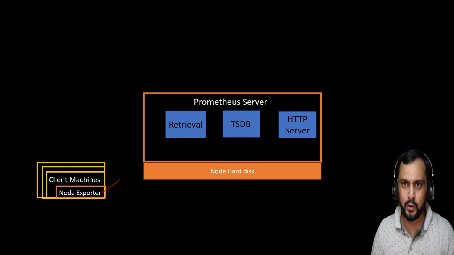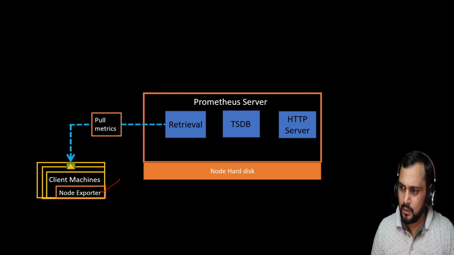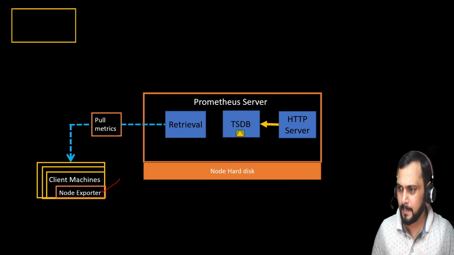And we have not talked about any application that is working inside that VM or hardware. So it gets the data from here with the help of node exporter, and then it forwards it to TSDB, the time series database, and then from the Prometheus server web GUI we can check all the metrics, right? This is what we know.